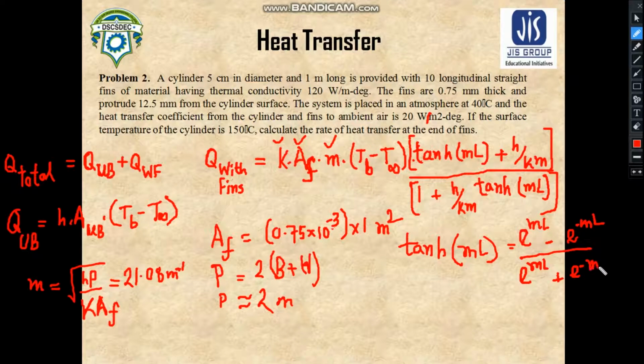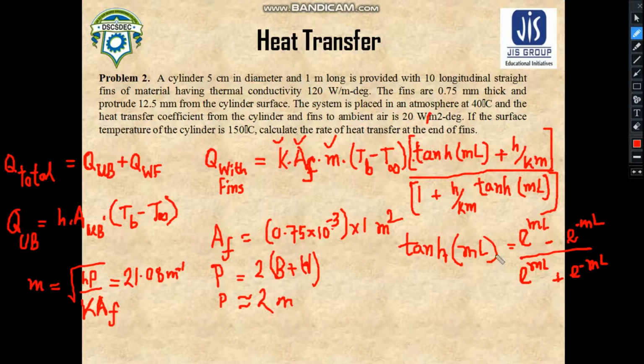There would have been a divide by 2 factor, but since it is in both sinh and cosh, this factor cancels and you are left with these values. You know the value of m, and you know l, which is 1 meter.